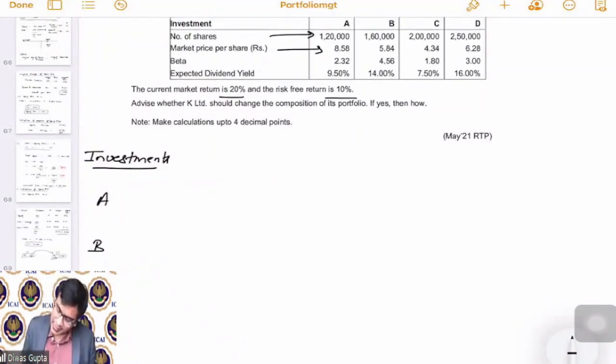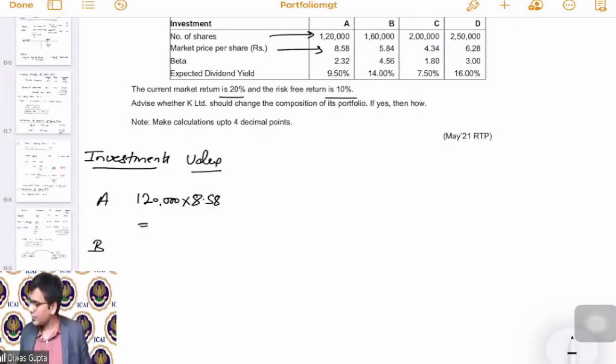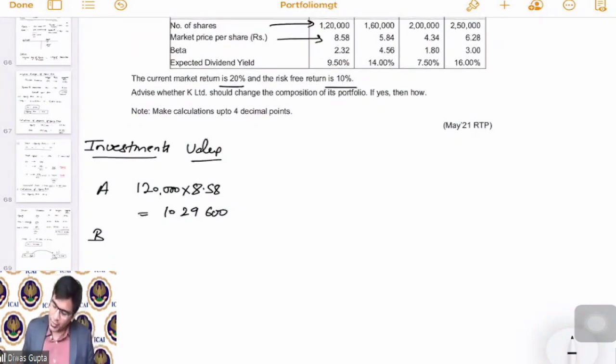Now if we see, the value is calculated how? 1,20,000 multiplied by 8.58, so this comes out as 10,29,600. Okay, students. Similarly, for B we have 1,60,000 shares multiplied by the current market price of 5.84.